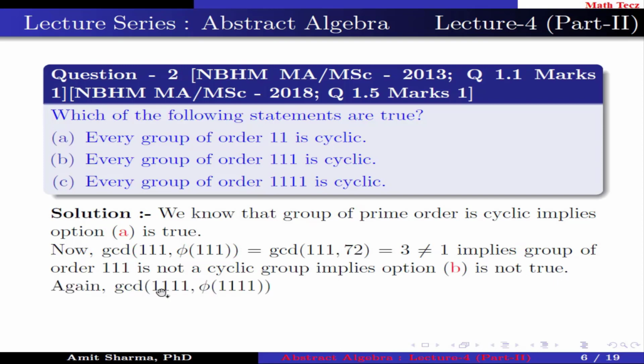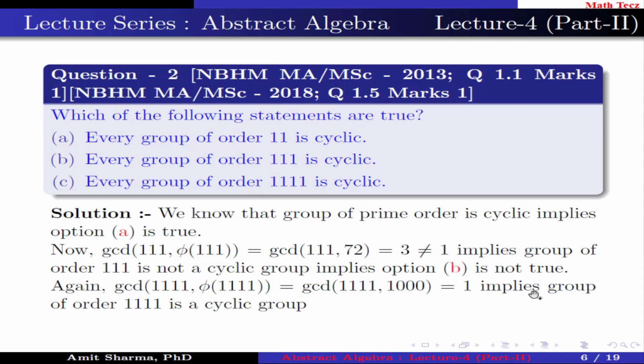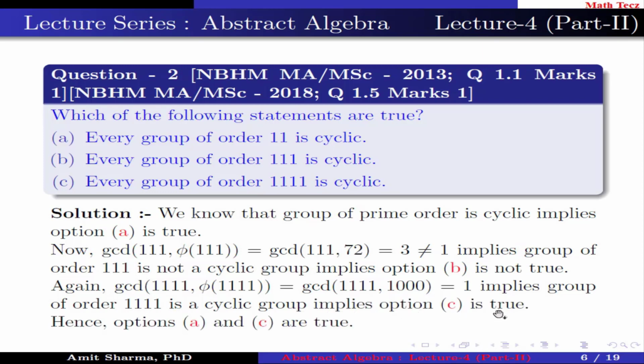Again, GCD of 1111, phi of 1111 equals GCD of 1111, 1000, which is equal to 1, implies a group of order 1111 is a cyclic group, implies option C is true. Hence options A and C are true.